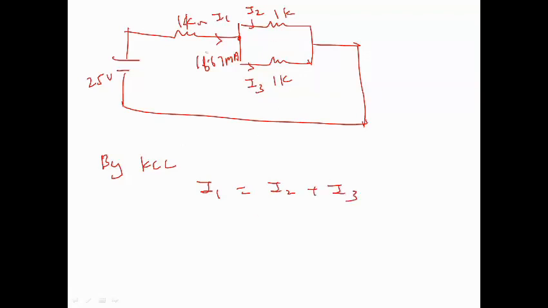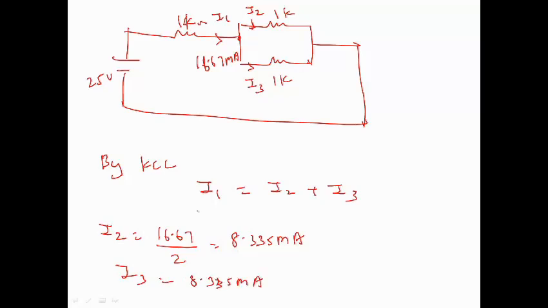So basically the 16.67 is getting divided here. You can use current division to find the current through these two branches. Since these two resistors are in parallel, the current through I2 is nothing but 16.67 by 2, that is, the current is exactly dividing. 16.67 divided by 2 is 8.335, and I3 also is going to be 8.335 milliampere.